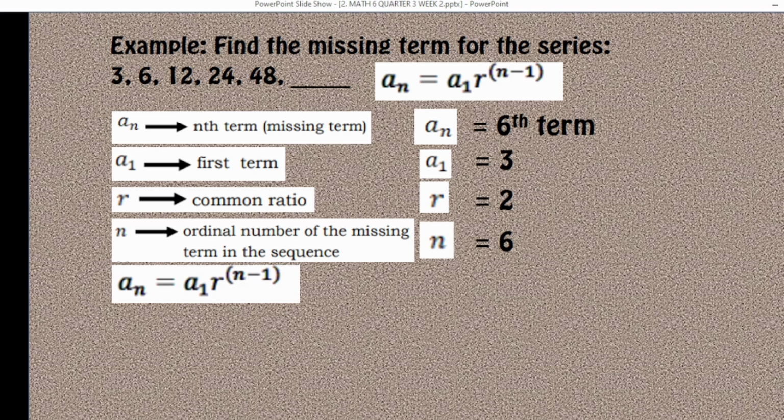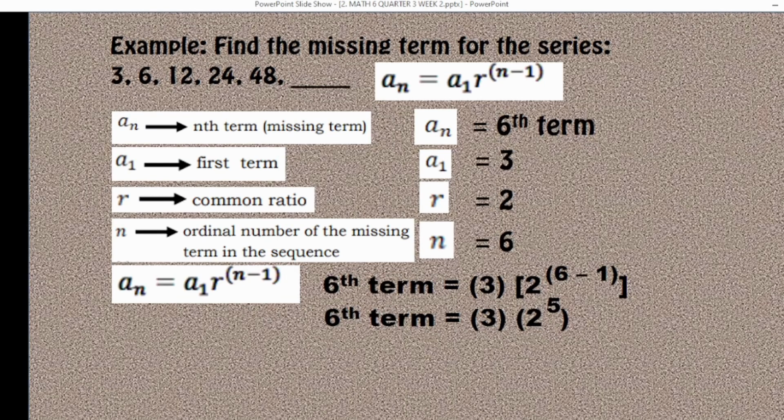So, gagamitin na natin itong formula na to para mahanap natin yung missing term. So, i-apply na natin. So, an is equal to 6th term is equal to, yung a1 ay 3. Okay, brace. And then, yung ilalagay natin ay r, yung common ratio, which is 2, at ang to the power of 6 minus 1, n minus 1. So, yung n, papalitan natin ng 6. So, uunahin natin yung nasa taas na nasa parenthesis. So, 3 times 2 to the power of 5, which is 6 minus 1, ang sagot ay 5.